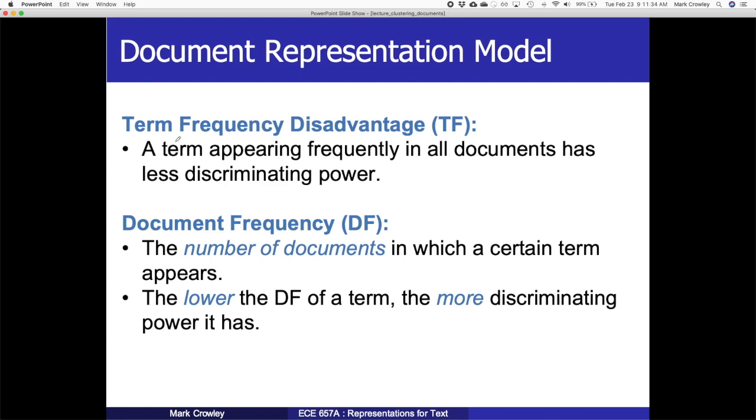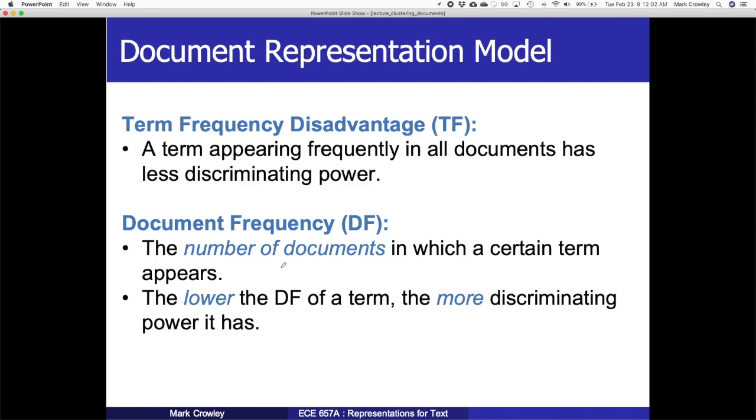There's a disadvantage to this, because if a term shows up in all the documents, like the, or car, or ball, it's not helpful. If you're looking at sports articles like we were talking about yesterday, ball is probably in all the articles, so it's not going to help you distinguish which article is about soccer versus basketball. The word ball will have a high term frequency in all the documents.